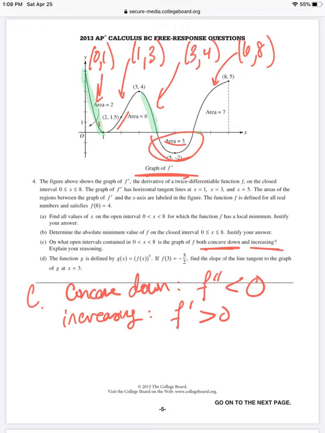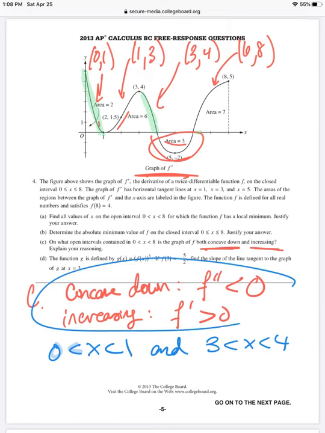We're looking at intervals going from 0 to 1, and 3 to 4. So this would be your explanation. You can write it as a complete sentence, because here the first derivative would be positive, but the second derivative would be negative. And then those are your intervals.